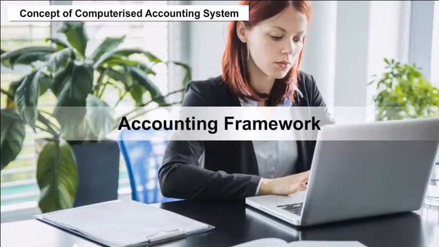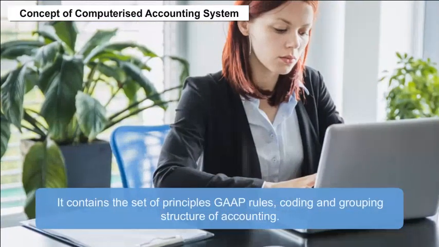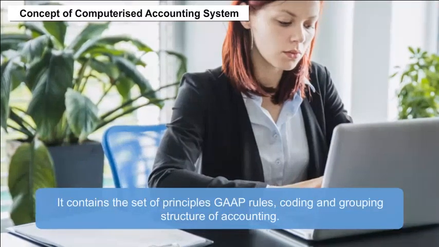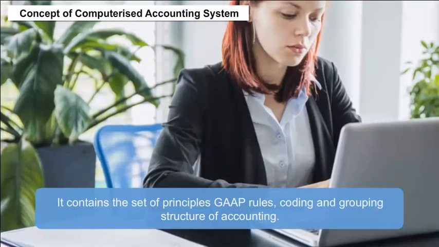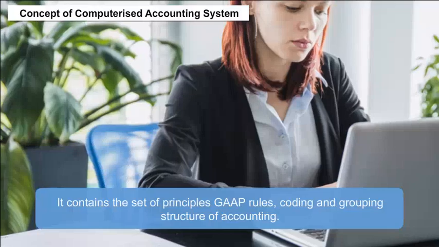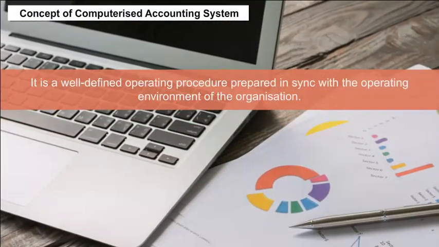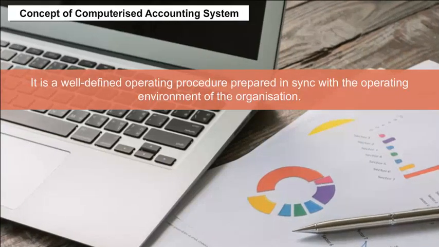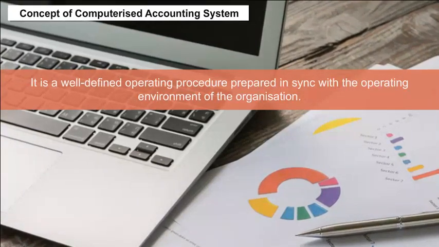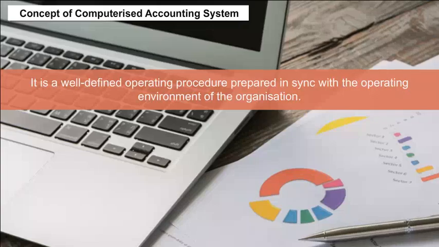Accounting framework. It contains the set of principles, GAAP rules, coding, and grouping structure of accounting. Operating procedures. It is a well-defined operating procedure prepared in sync with the operating environment of the organization.